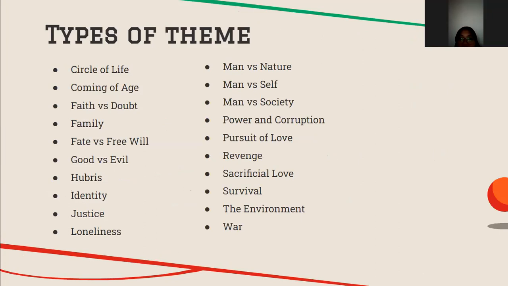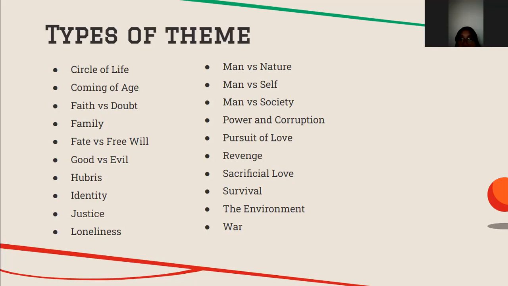The first one is circle of life, or maybe you are more familiar with the repeated events in the story. And then there's coming of age, which in the novel genre is most known as the young adult genre.